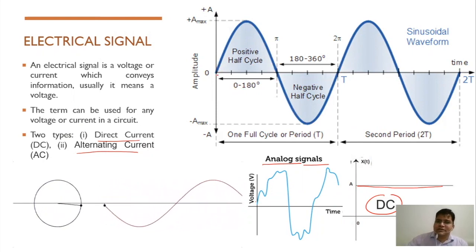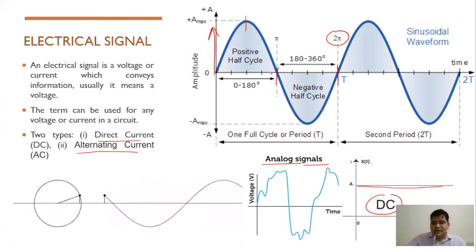So this is a sine wave, and we say a 2 pi phase difference is there. Here the phase difference is pi. Here the phase difference will be pi by 2, and this is the amplitude and this is the phase. It is varying with time. So what is the wavelength? We can say this is the wavelength of this signal.